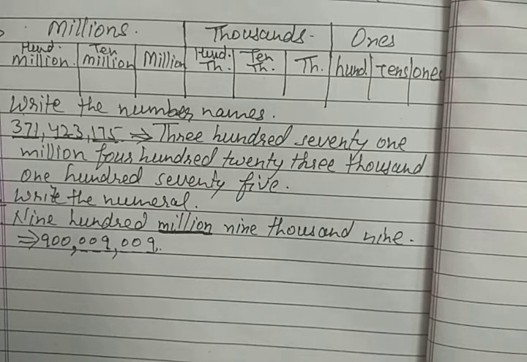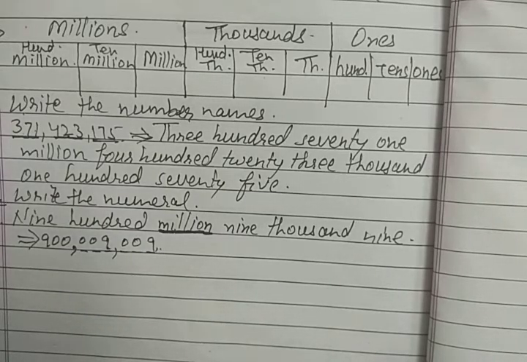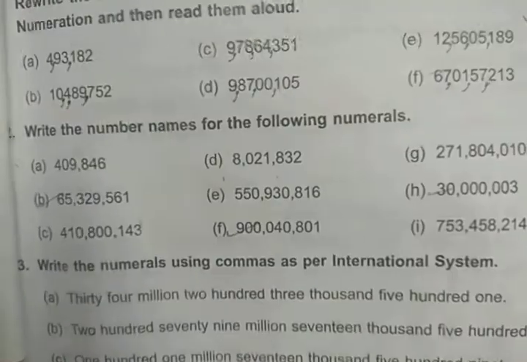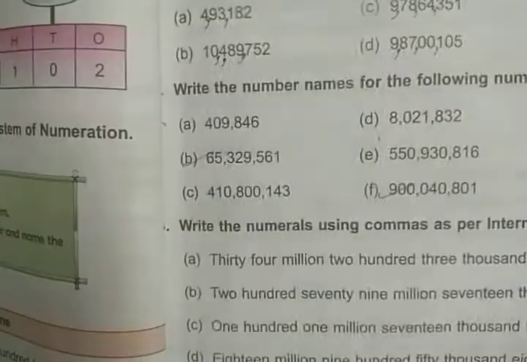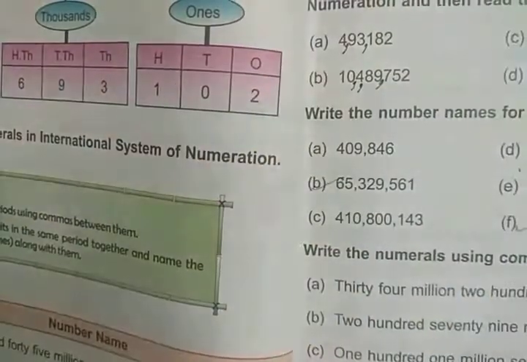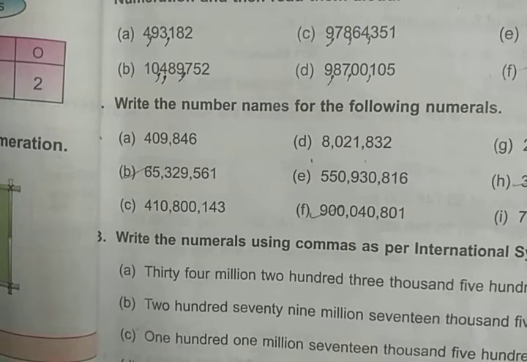The only thing you have to keep in mind is the commas and the periods. So this is all that is in the first unit. There is only the Indian place value chart and the international place value chart. You can see here only 4 worksheets are there, and we have revised these types of questions that are there in the first unit.